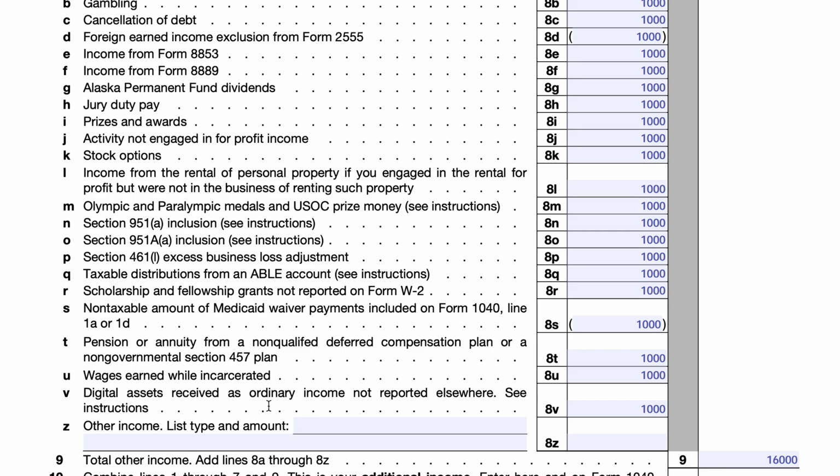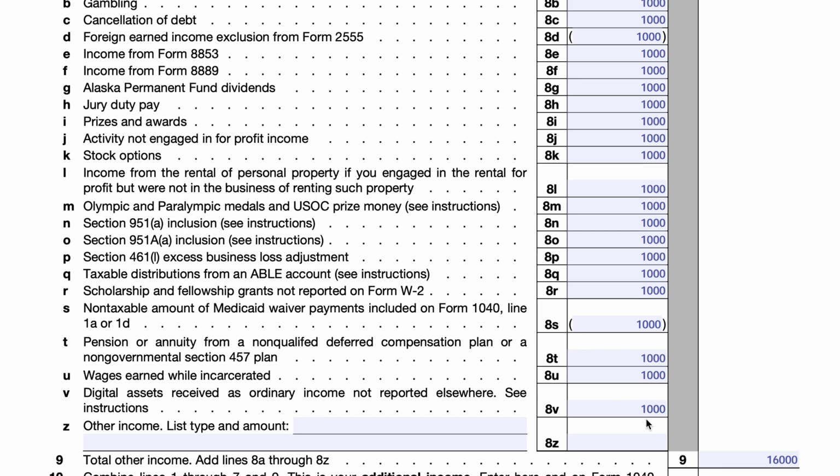That's not what we're talking about here. We're talking about if you earned $50,000, but you received it in crypto, and or you had a Bitcoin mining that produced $50,000 of Bitcoin in a year. You would report that right here in 8V.